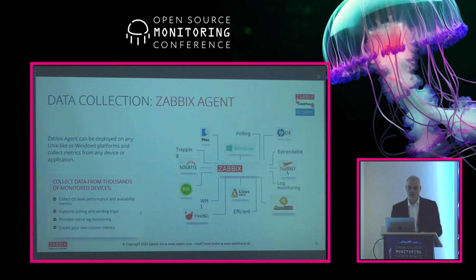Even AIX is available, and you can then collect data on operating system level. It's very sophisticated. It supports native features of the operating system, like, for example, in Windows you have access to WMI, you have access to performance counters. In Linux you have access to systemd and to enumerate services, so it's really, really smart.